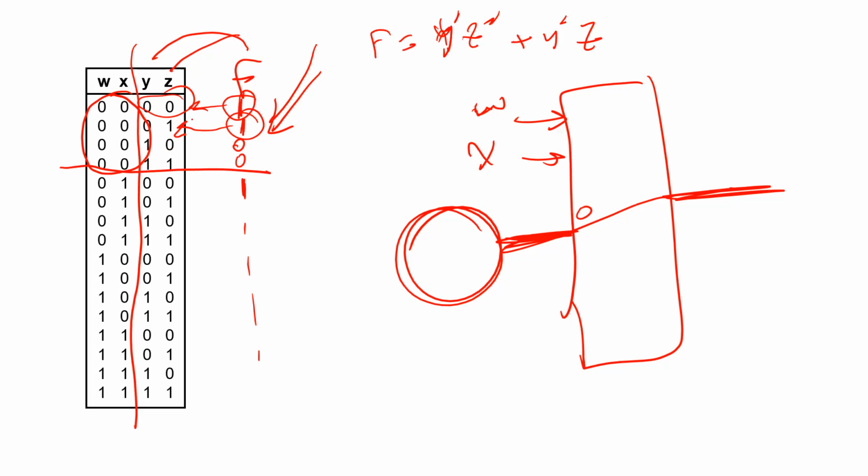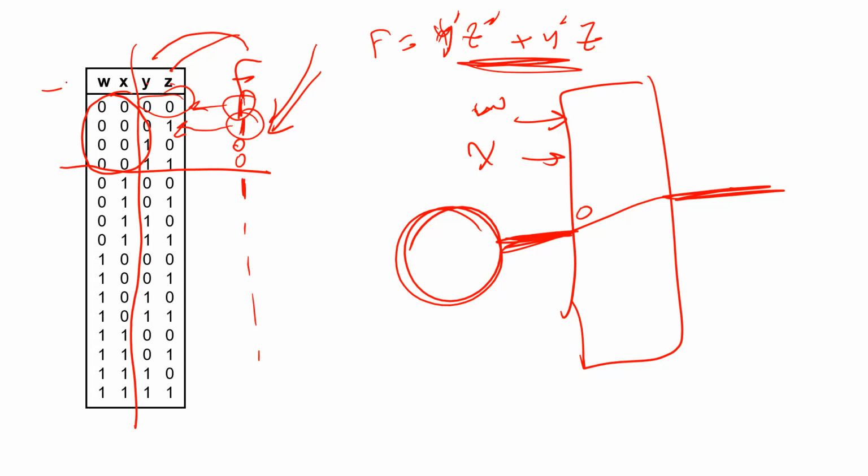So it looks like something like that. It's going to be y prime z prime here, and then here y prime z, for these two.